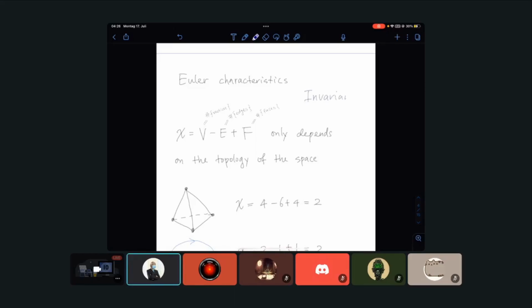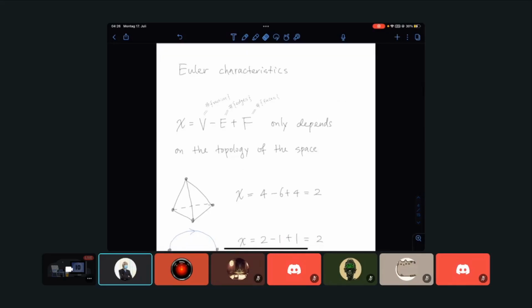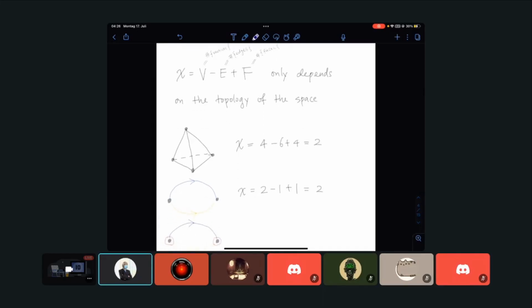People no longer focus on constructing complicated stuff, but rather on what is invariant under complicated operations. Here it's the same thing. We can divide the space any way we want, but we have a number that's unchanged no matter how we divide it, and it only depends on the topological type, which is the homeomorphism class. This is an important number.